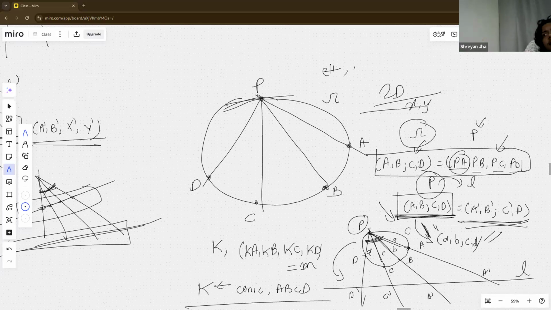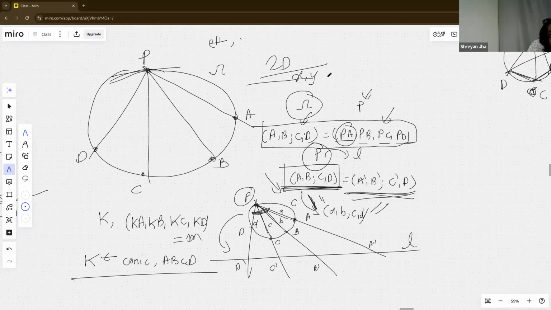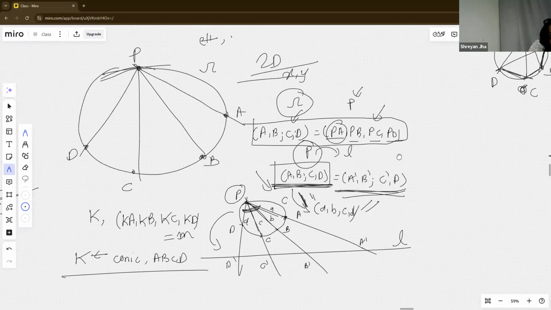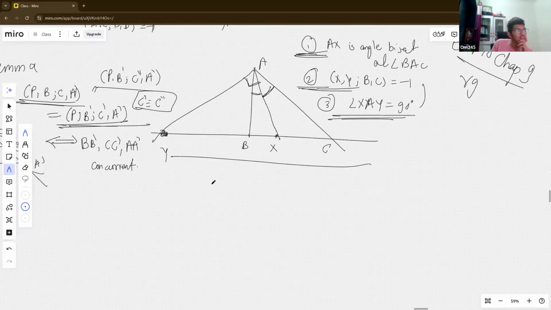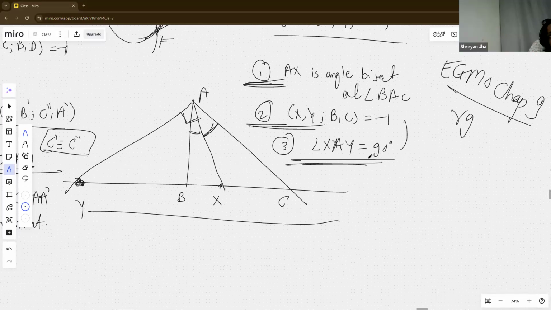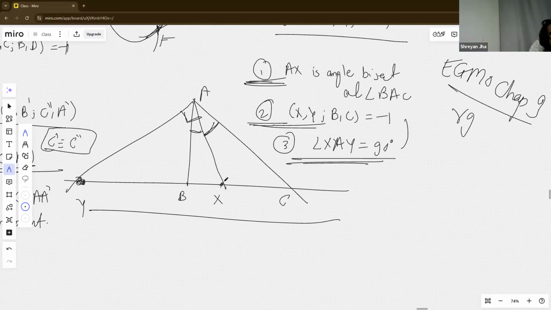What are the theorems not proven? Cross ratio theorems which were not proven. This thing, the angle bisector. Yeah, you guys can try or I can tell. No, I'm saying another thing.